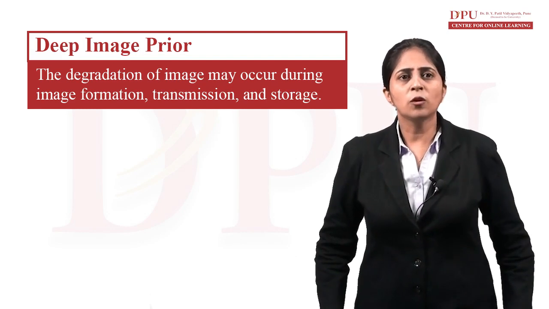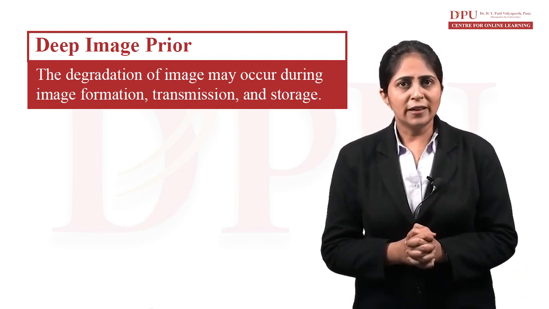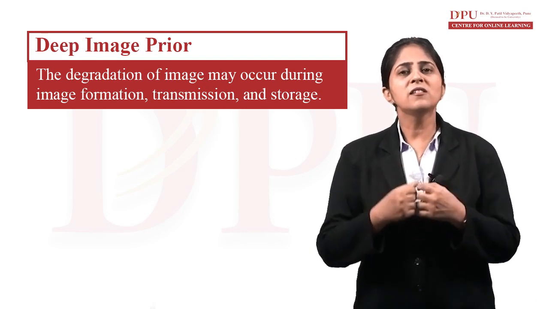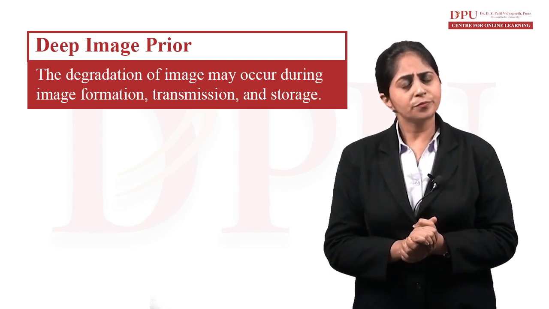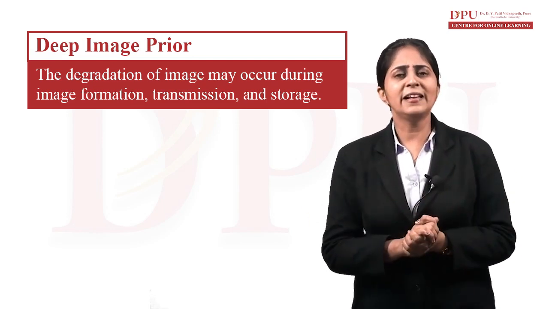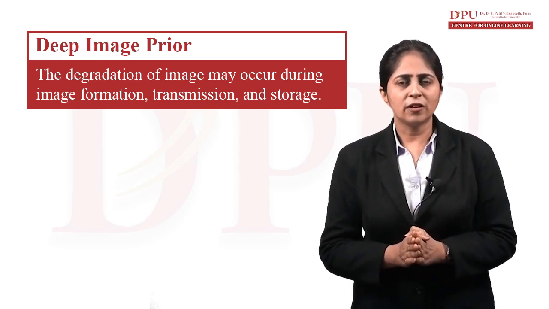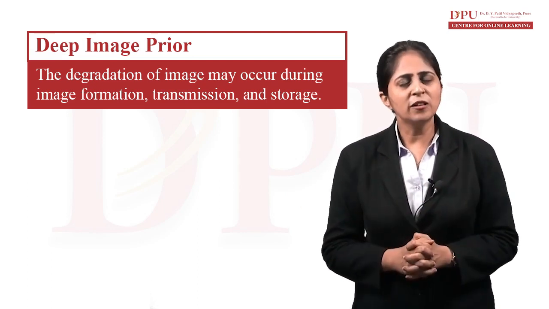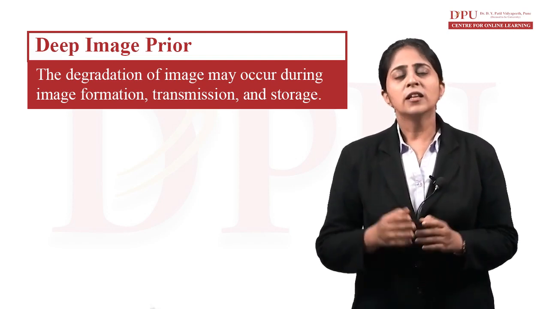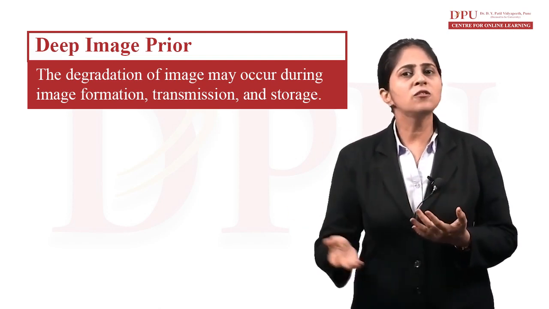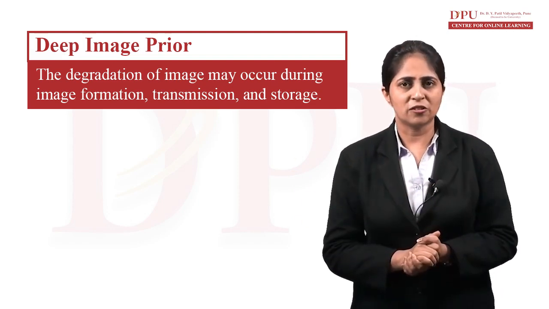So basically, we have a convolutional neural network which does the function of enhancing our image. No proper training is provided to it other than the image itself. The image that will be provided to our CNN will be a degraded image. Now we want to restore this degraded image.